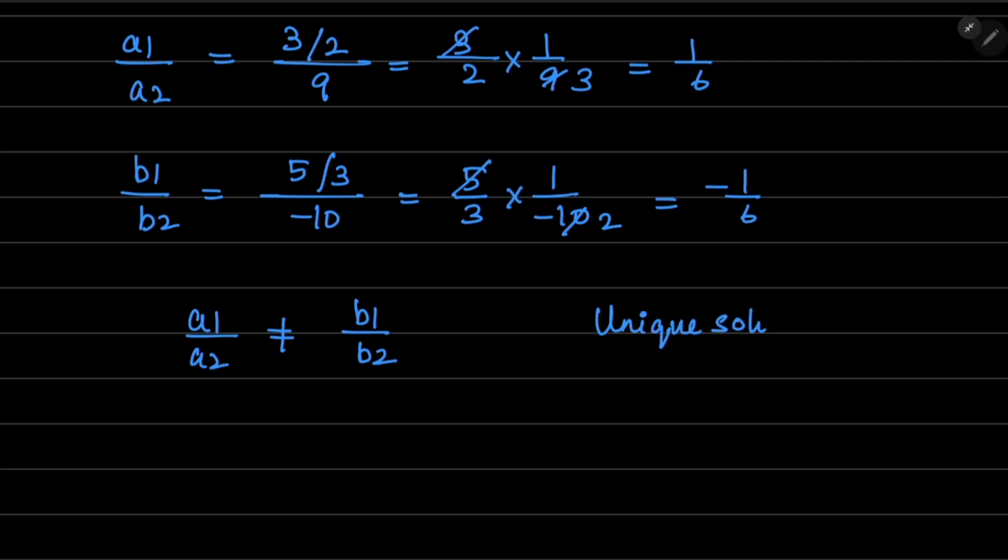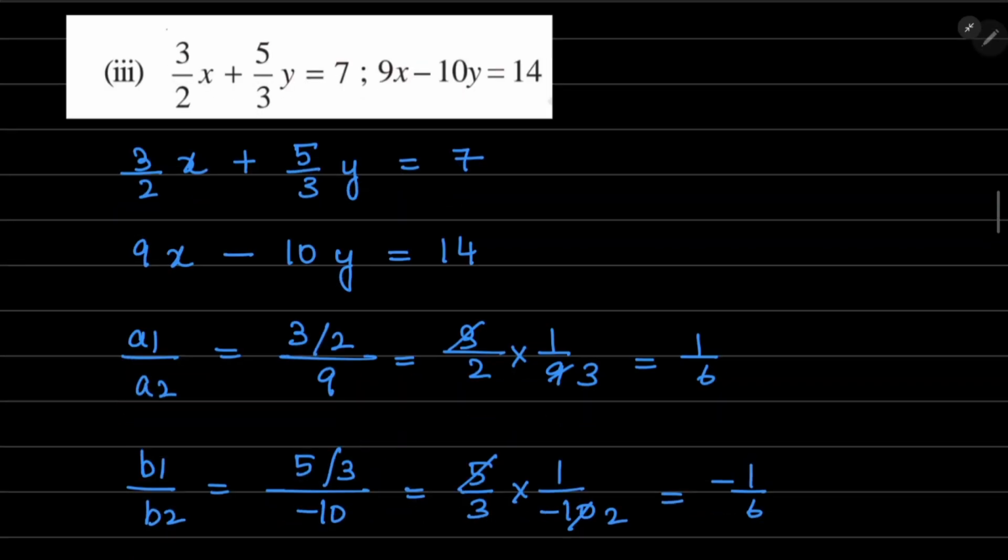What are you asked? You are asked to find whether they are consistent or not consistent. So it is a unique solution. The lines will intersect at a point and the system is consistent. This is what you have to write.